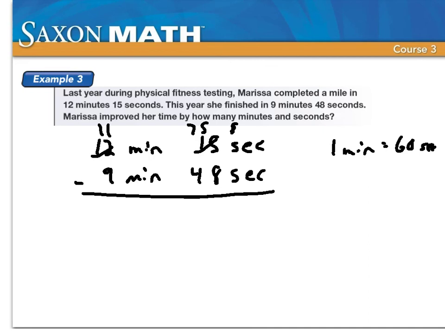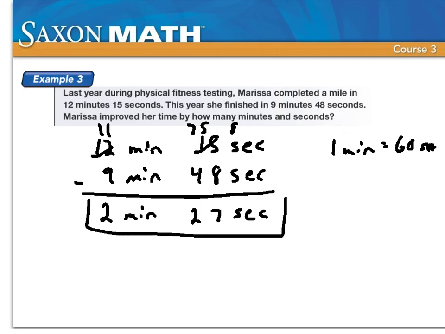Now I can subtract 75 minus 48. That is 27. And then 11 minus 9, that is 2. So it's 2 minutes and 27 seconds. That's how much faster she ran her mile. So she improved by quite a bit for a mile time. And we'll move on now to the next example.